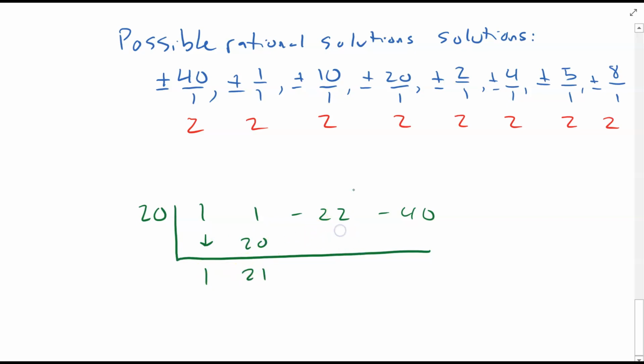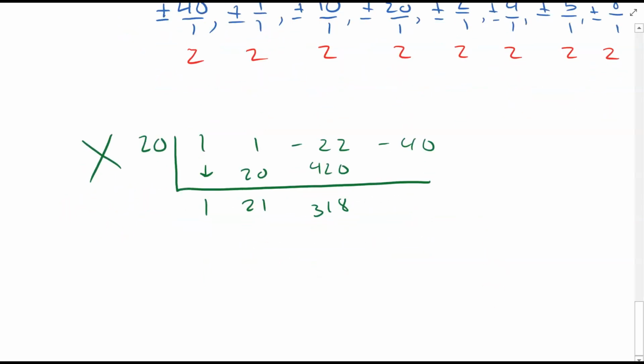Ooh. And already I can see that this is not going to work, right? It doesn't matter what's going to happen next. I ain't going to get a remainder of 1 or remainder 0. You guys agree with this? Yeah. So 20's out. Okay, let's try another one. 4.